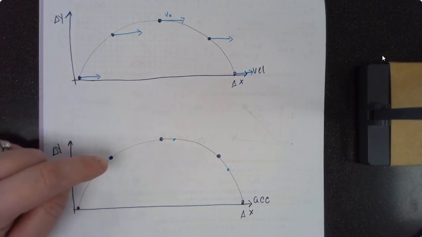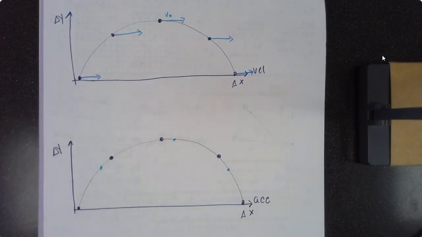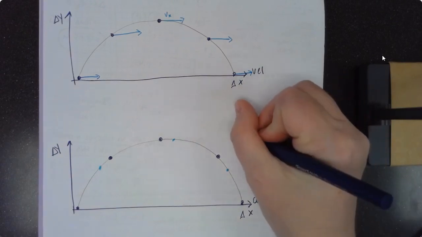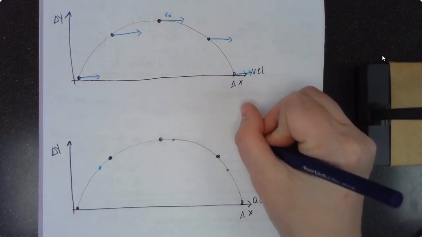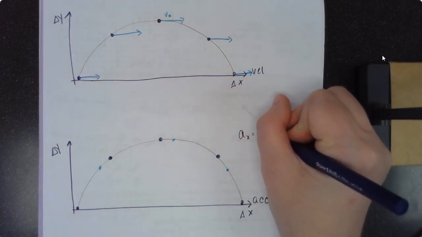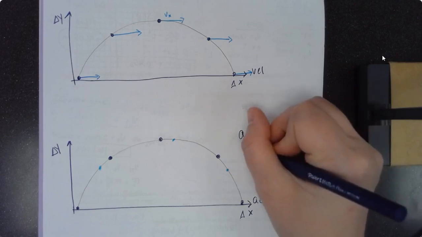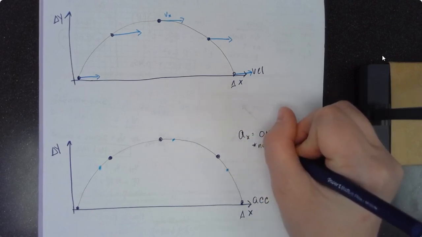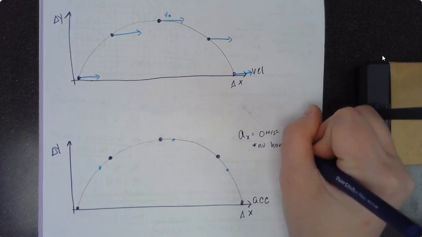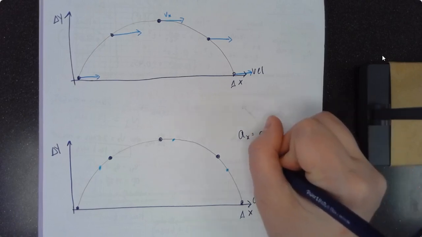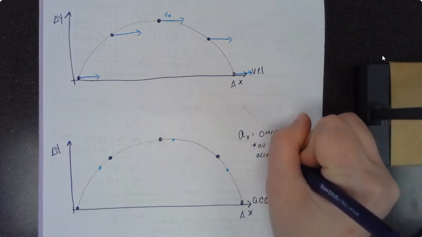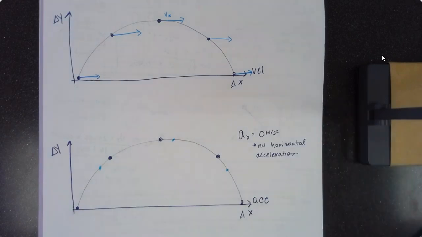For my horizontal acceleration, I'm actually not going to have any. So I'm going to write acceleration in the x direction is equal to 0 meters per second squared. No horizontal acceleration.